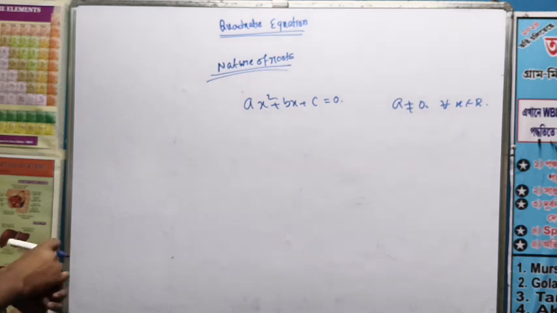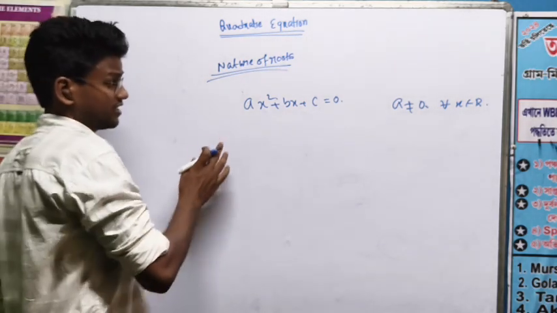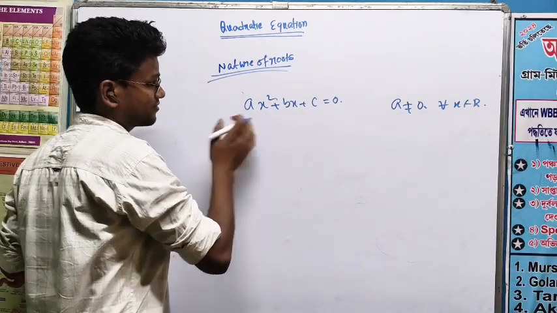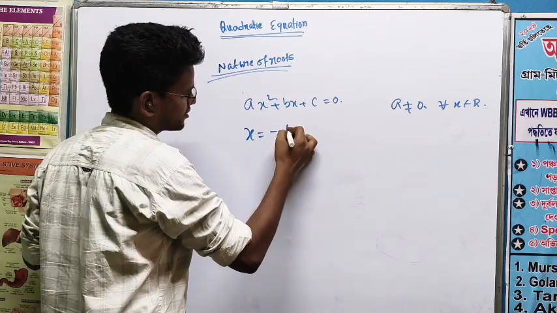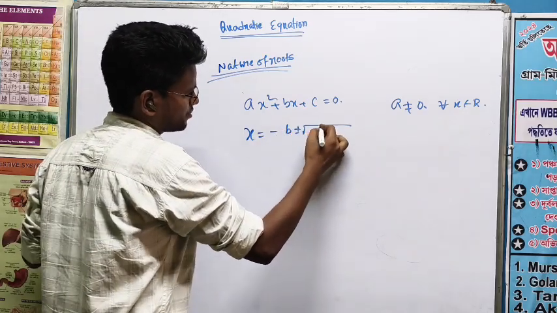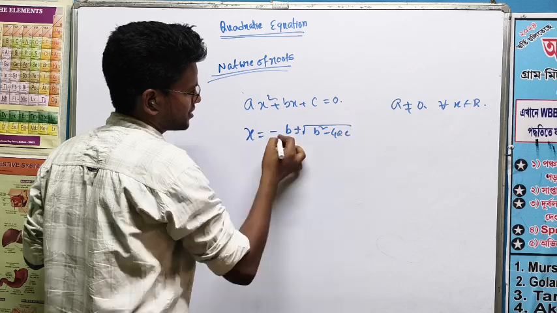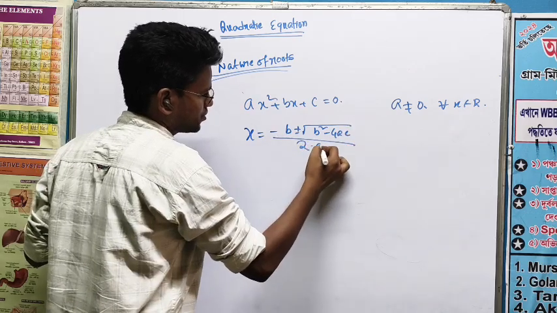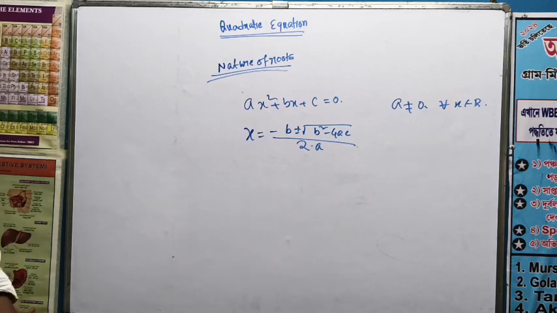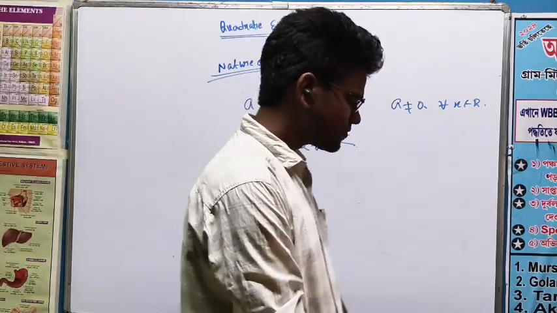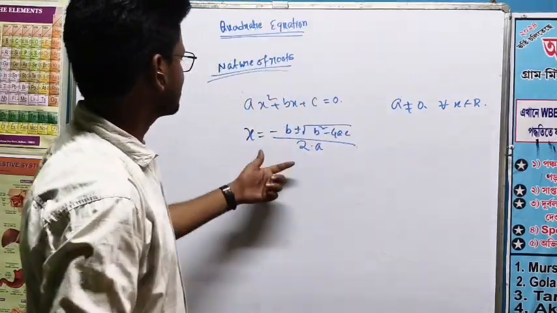By the Sridharacharya formula, we have x equals minus b plus or minus root over of b square minus 4ac by 2a. This is the solution of the quadratic equation. So the main part is the nature of the roots.